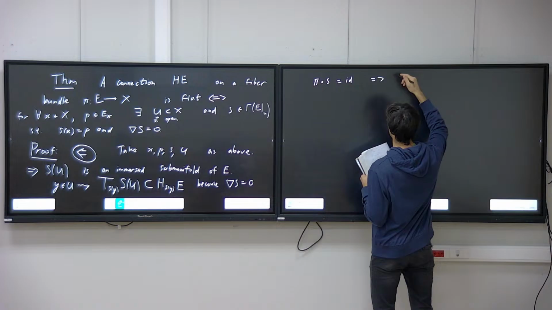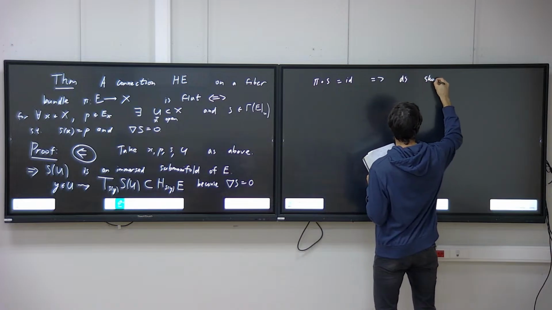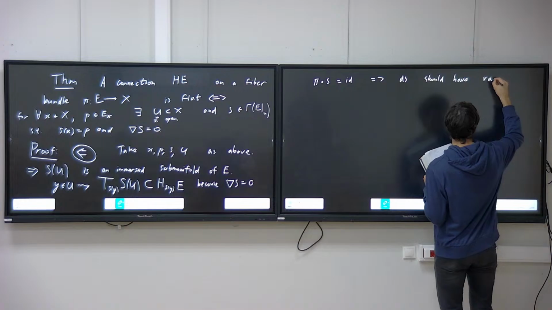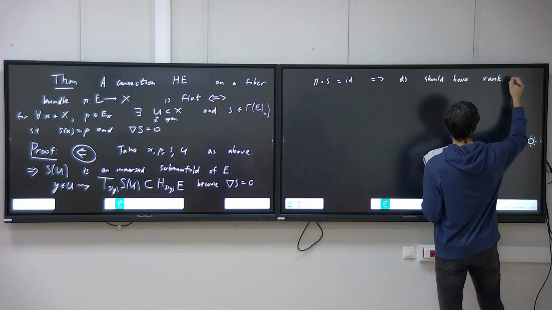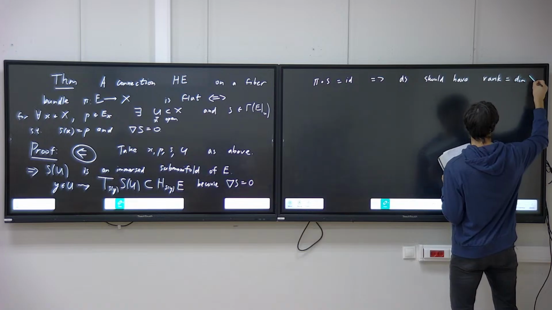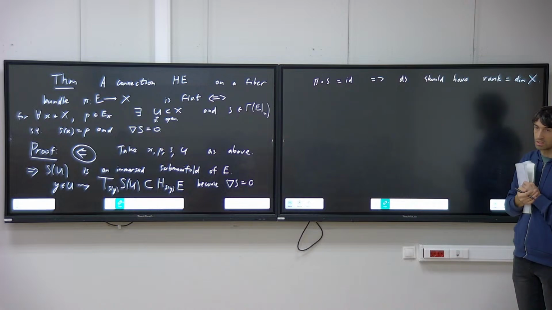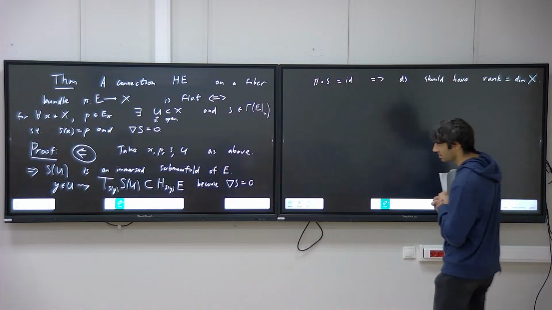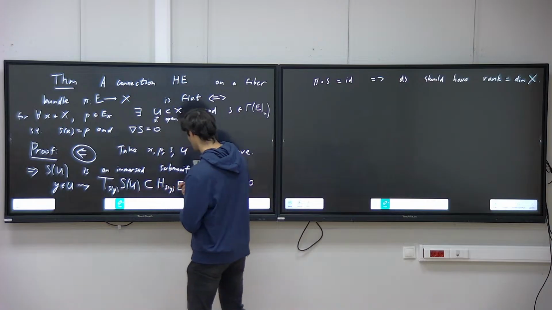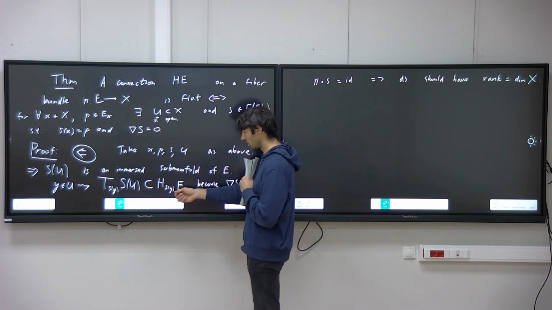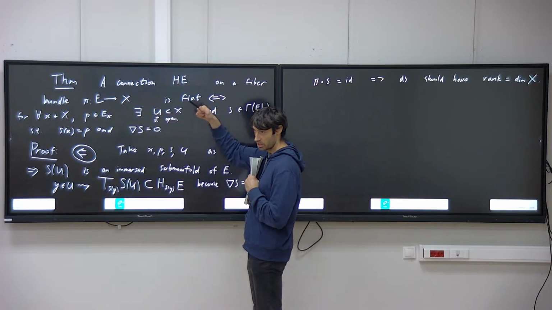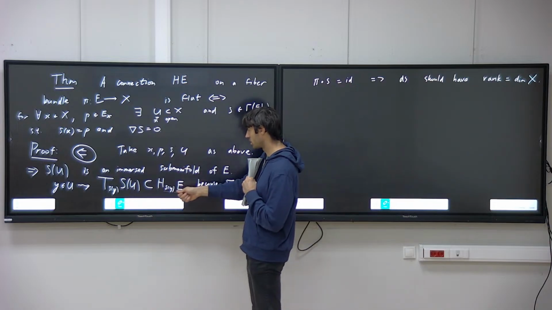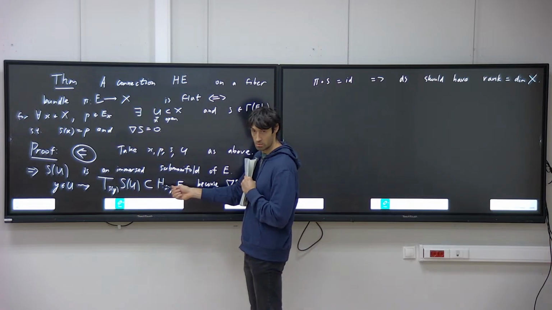So therefore dS should have rank equal to the dimension of X. But this means that the rank of dS is the dimension of this, and the dimension of this is also dim X, because pi maps TE to TX, and pi restricted to H is an isomorphism.